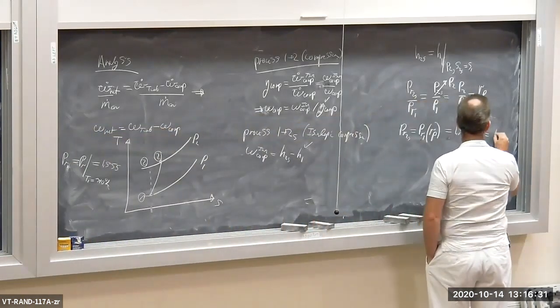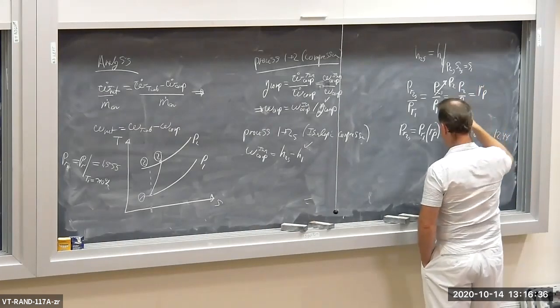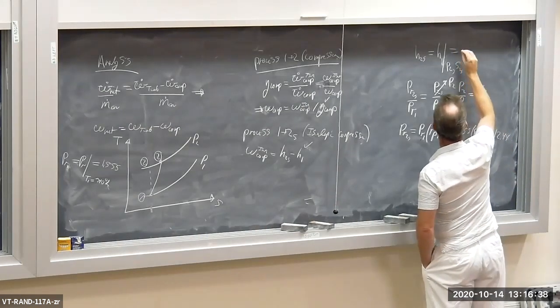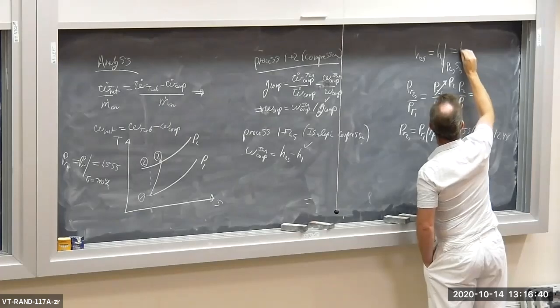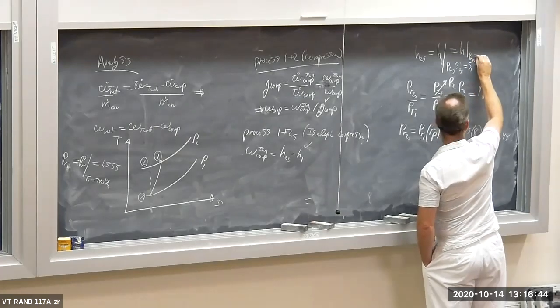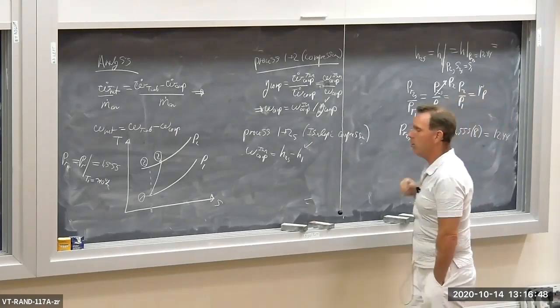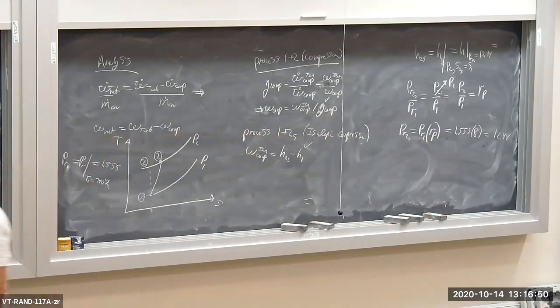So H2s is H evaluated at PR2s of 12.44. And I look up H at PR2s of 12.44, and I get H2s of 562.